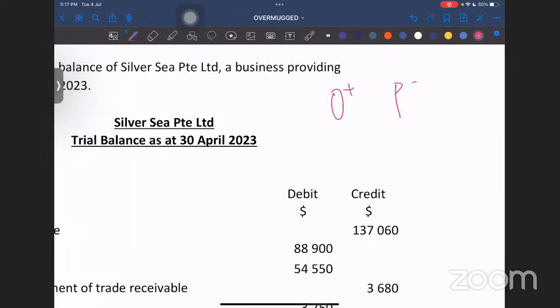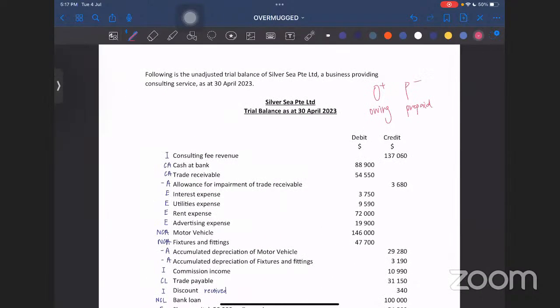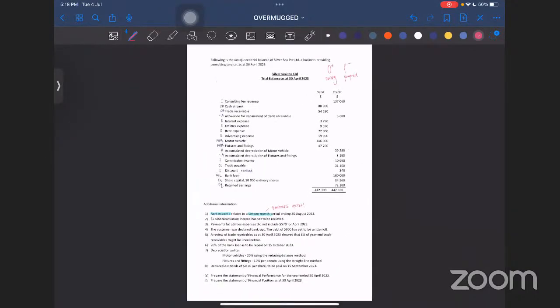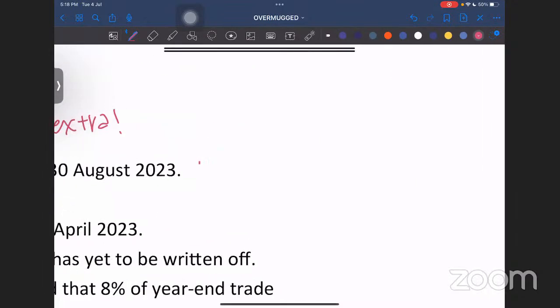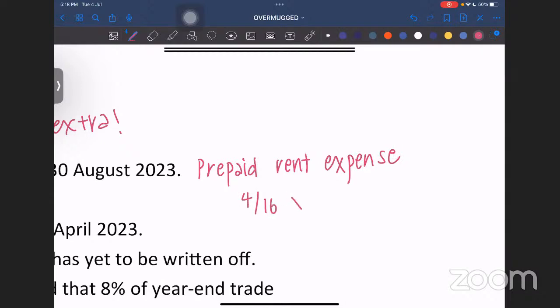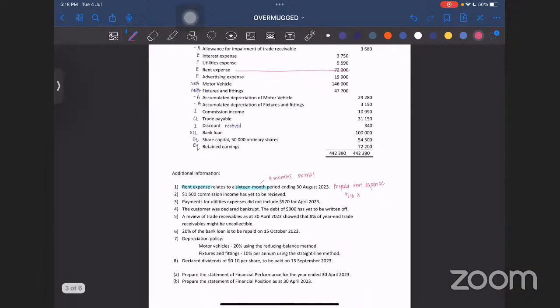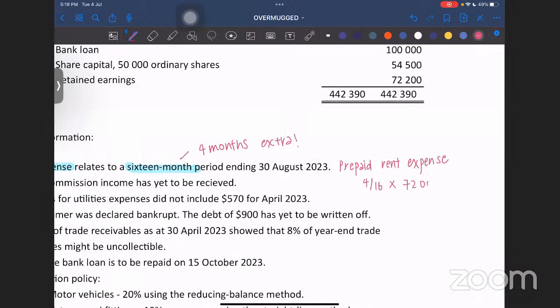Okay, and then I will come back here and I will write this. O plus P minus. Owing plus, prepaid minus. This rule applies for all. Right, okay, so a bit no space, I'll just create a side. So here I will create a prepaid rent expense. So that will be 4 over 16 multiplied by whatever rent I have, which is 72,000. Okay, so punch in your calculator.